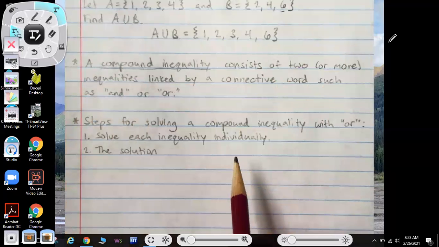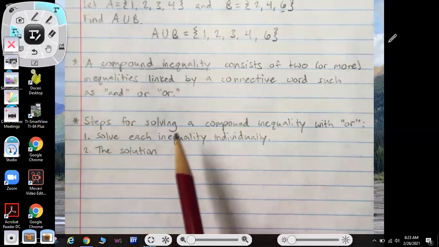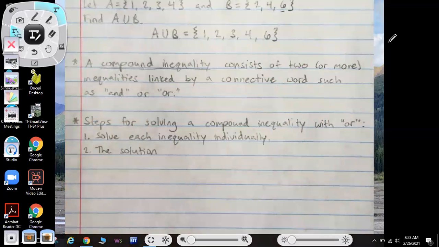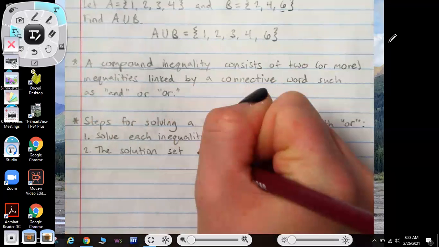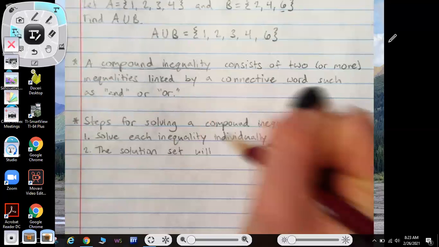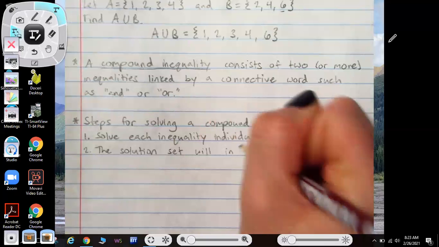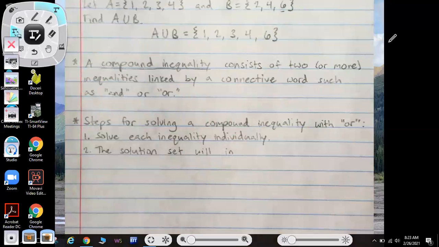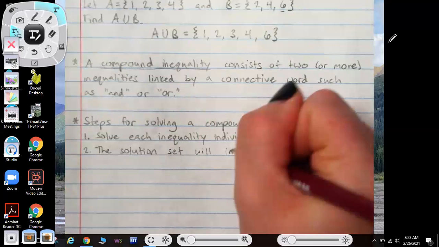You just have to think about what the inequalities mean and what your solution is going to look like. And the solution set will include all elements that satisfy at least one of the inequalities. We'll say numbers.